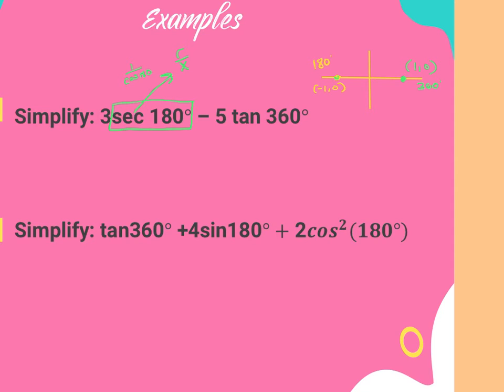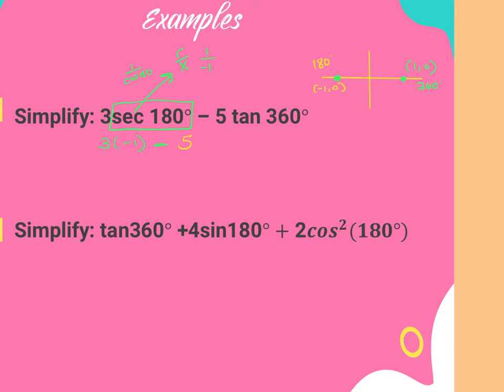So what would be the radius at 180? 1. What's the x at 180? Negative 1. So what's the secant at 180? Negative 1. So I do 3 times negative 1 minus 5.